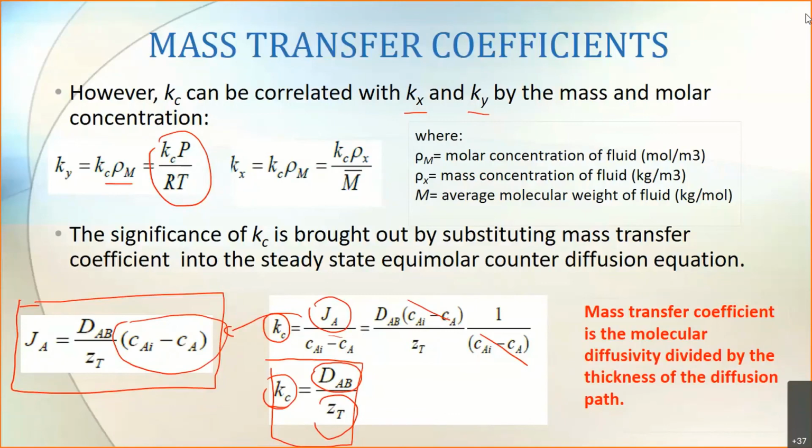Some of the popular mass transfer theories, for example, are film theory, boundary layer theory, two-film theory, and also penetration theory. So if you are interested to learn more, to get a better understanding of how Kc is related to our diffusion coefficient and how these theories actually explain this, you can always refer to our reference book.